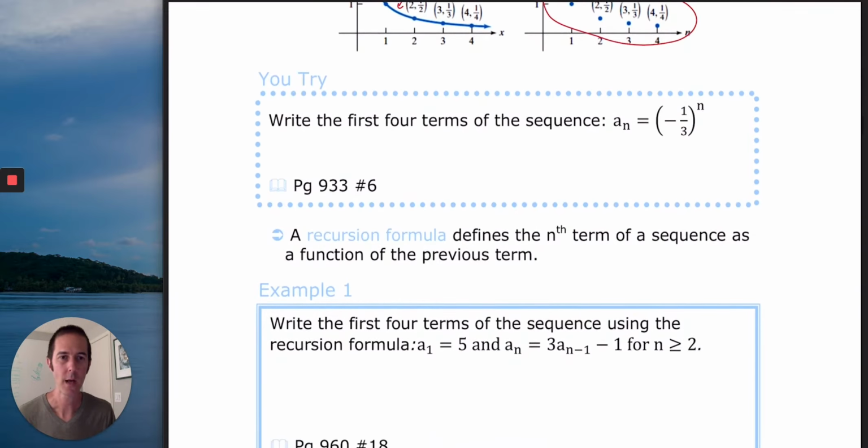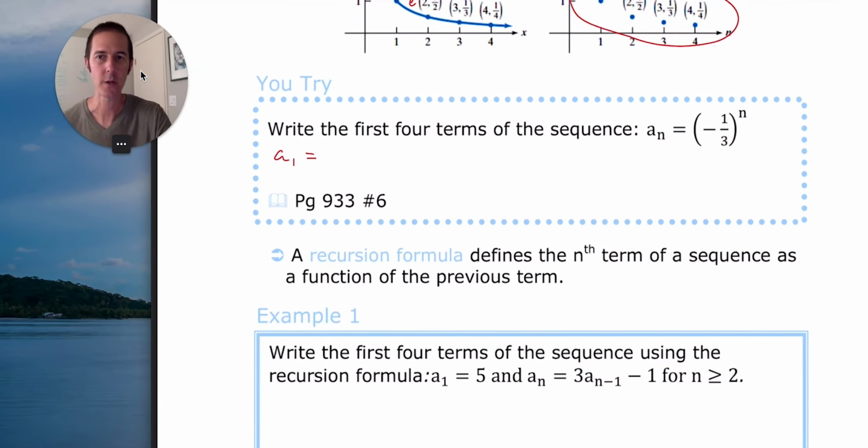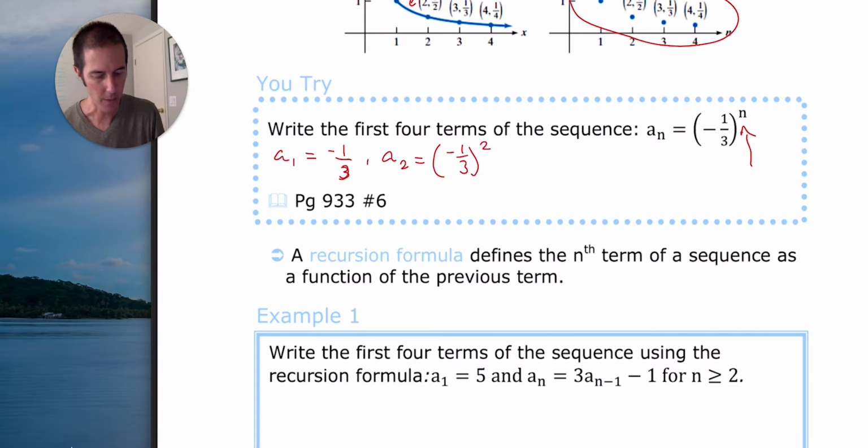As a little trial problem, we'd like to write out the first 4 terms of this sequence. I will say that a sub 1 is equal to, and very much like a traditional function, you can take the n value of 1 and plug it into your function right over here and do a quick calculation. So negative 1/3 to the first power is equal to negative 1/3. A sub 2 will equal negative 1/3 to the second power, which is equal to 1/9.